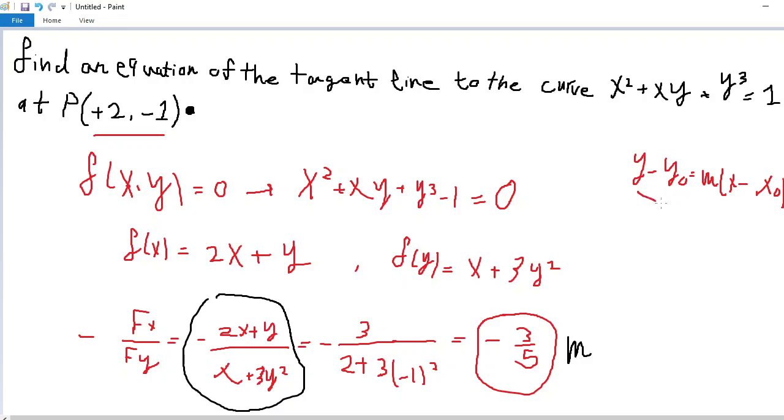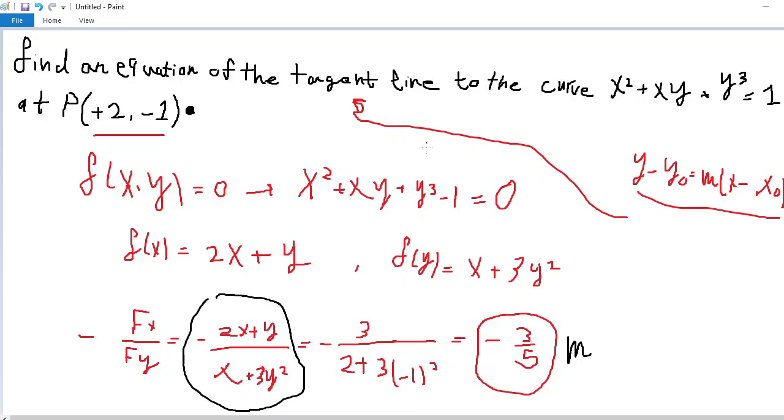If you use this equation, you are finding the equation of the tangent line. So be careful. If the question says tangent line, you have to use this equation. But if the question says tangent plane, then you would be writing it in a really wrong way.